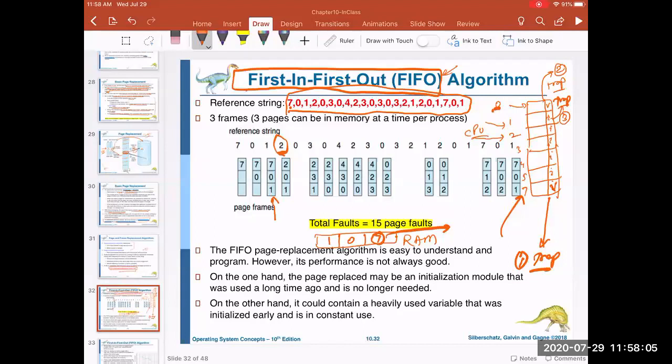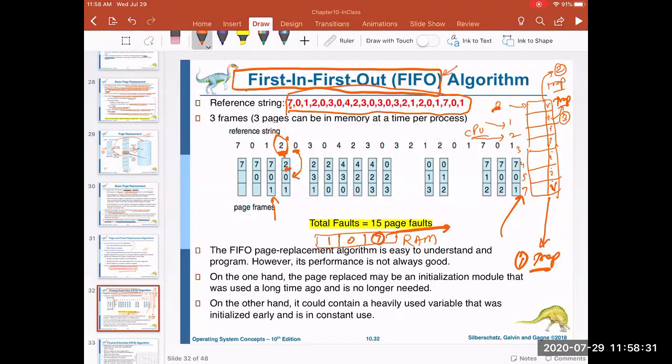So whenever there is a request for 2, we can see that the first page which was added to the queue was 7. So 7 would be replaced now. Here, the next call by the CPU is to 0. You can see this is a valid page. It's already in the memory, so there is no page fault.